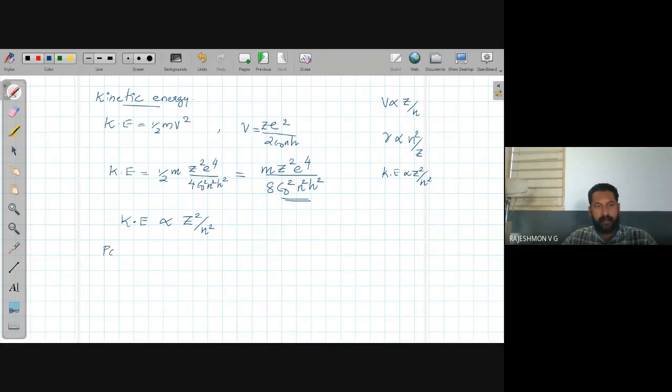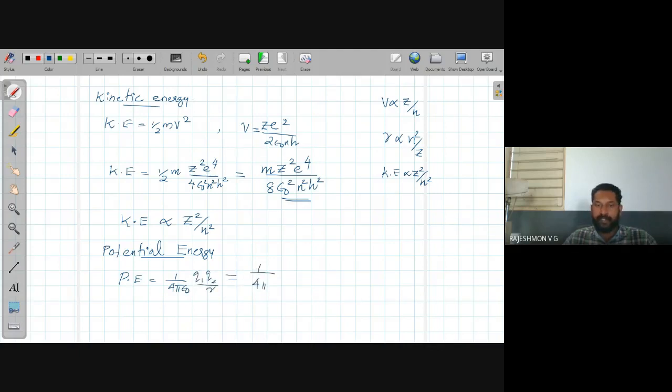Okay, so next I will calculate potential energy. So kinetic energy, we already obtained an equation. Potential energy. Here, there is Coulomb force between nucleus and electron. So the potential energy will be of electrostatic nature. Electrostatic potential energy, you have the expression 1 by 4 pi epsilon 0 q1 q2 divided by r.